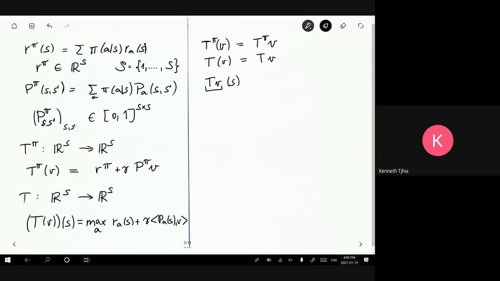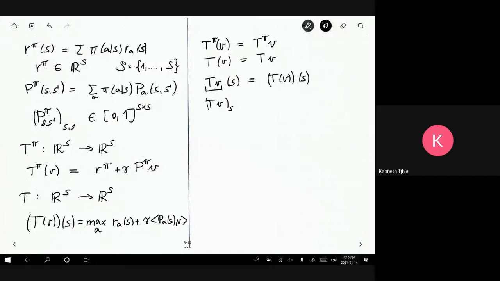T has a higher precedence than taking the value of the result, so the parenthesis operator has a lower precedence. This is defined as first applying T to V and then taking the value at S. Otherwise, it wouldn't even be syntactically correct. And sometimes, if we really want to emphasize that these are also vectors, then we can write the S as an index.